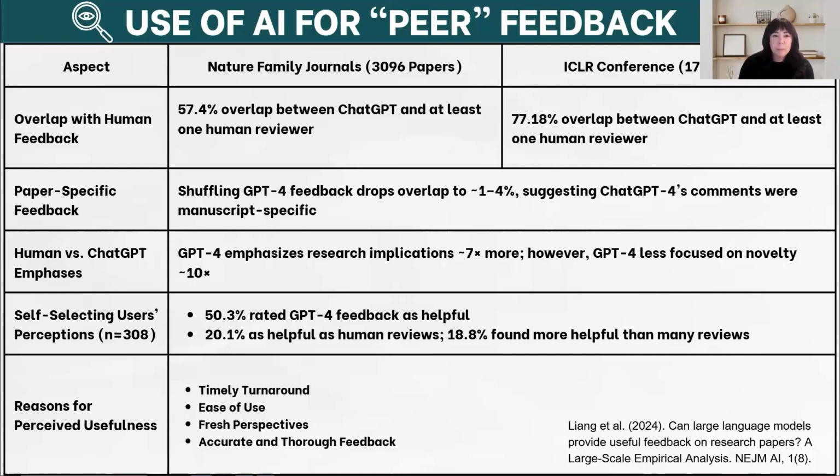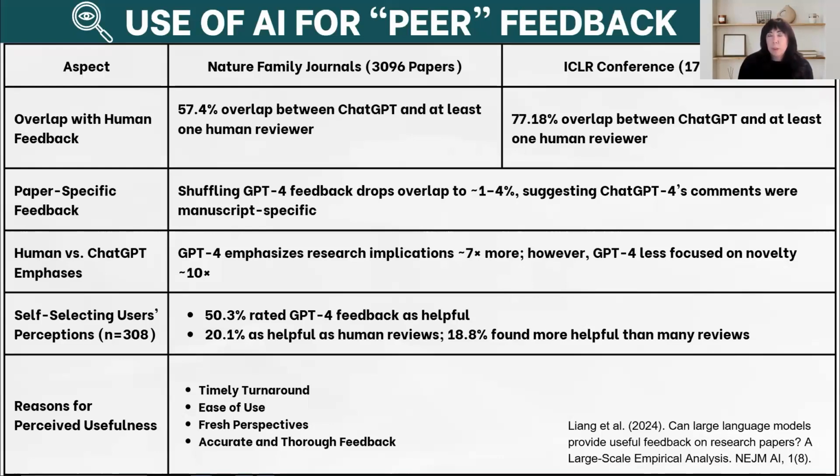In the first category, researchers found approximately 57.4% overlap between ChatGPT-4 and at least one human reviewer, whereas in the second group, the researchers found a 77.18% overlap between ChatGPT and at least one human reviewer's comments. So I think this level of overlap is noteworthy.